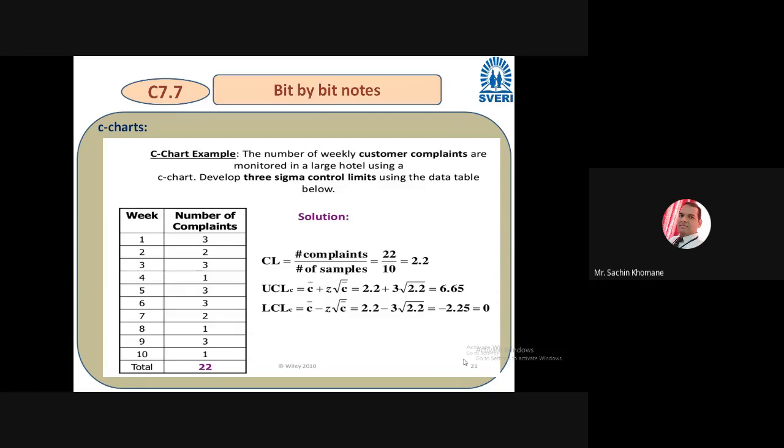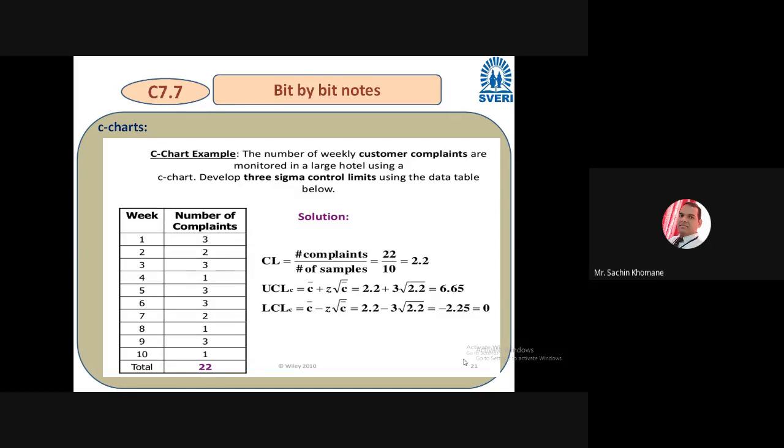C bar plus Z square root of C bar. Put in the values and tell me the value. Note this chart example. Don't write the statement, only draw the chart, because it will be useful to you while drawing the graph.